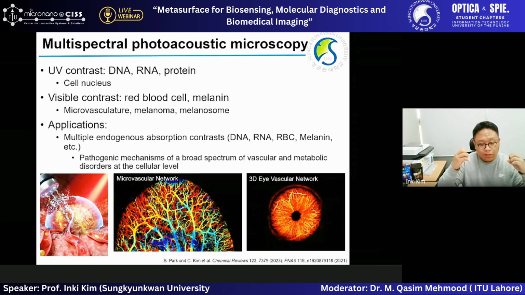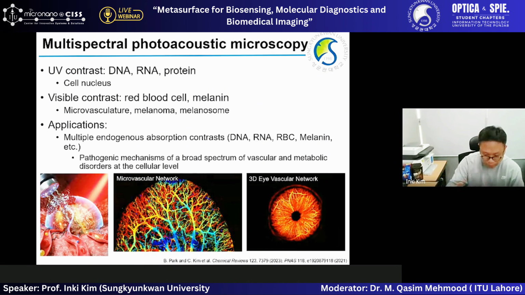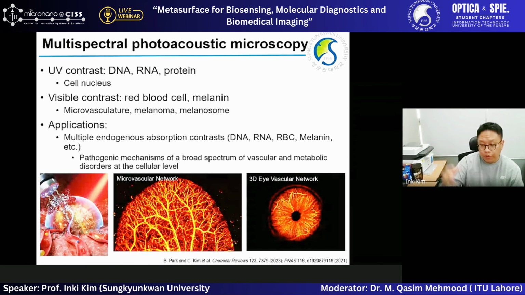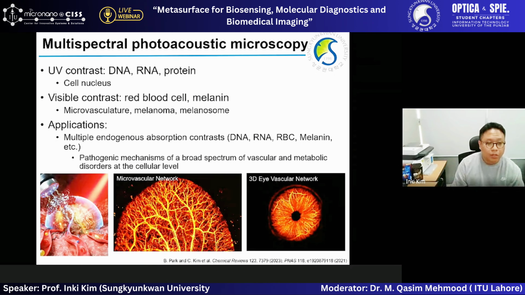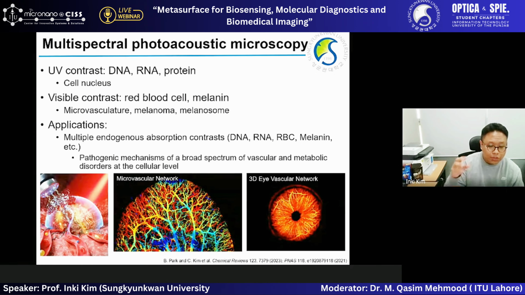If you shine the laser, then the biological substance is going to absorb the light and expand. And if it goes back to the original position, then it generates ultrasound. By measuring this ultrasound, you can reconstruct their shape.